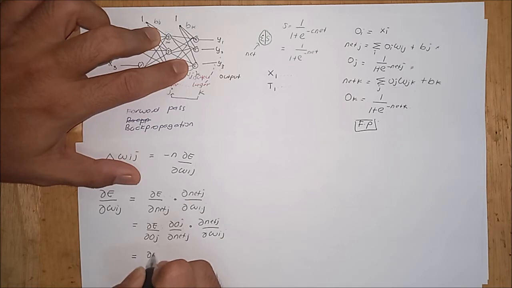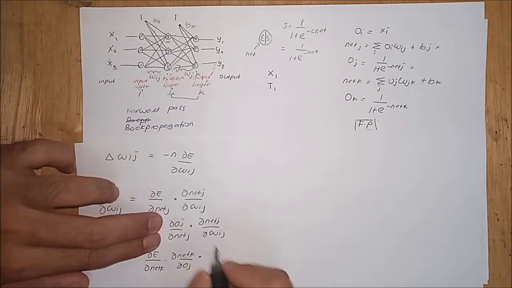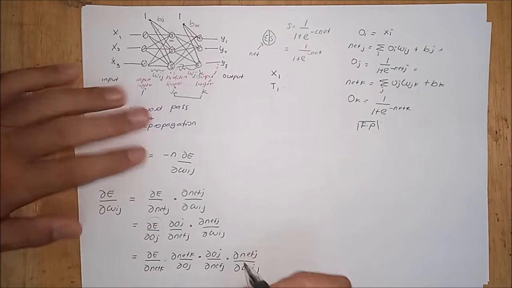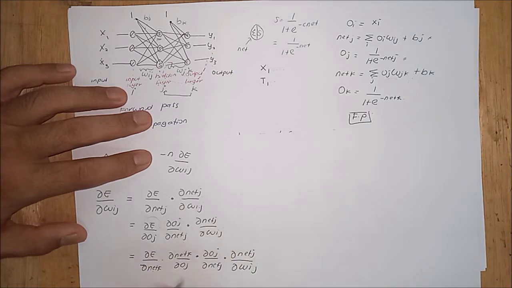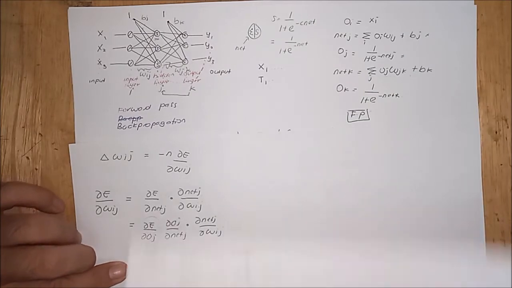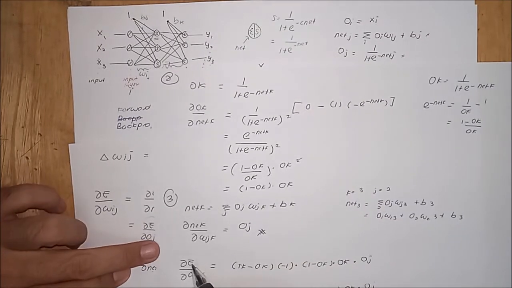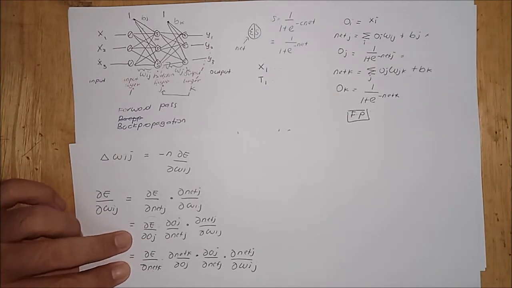So dE over d net k times d net k over doj is the expansion of this part only, times the latter part, doj over d net j times d net j over dWij. d net k over doj, you can find the relation here. dE over d net k we have actually already derived, in the whole part of dE over dWjk. dE over d net k is the whole part of that equation without the oj, so we can utilize this in our final derivation later on.